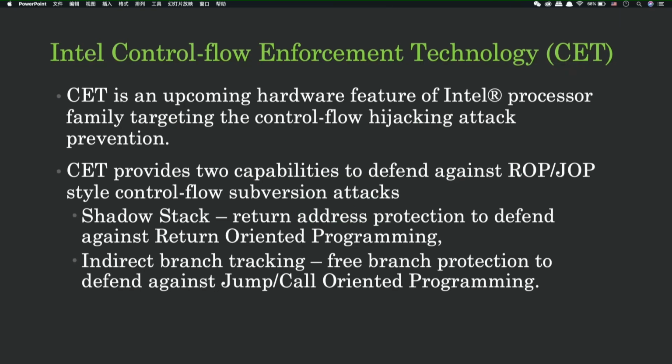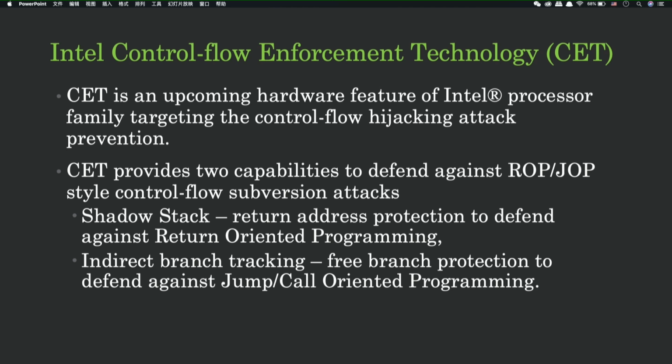Intel implemented this, so it will come out as a hardware feature for the new processor families. The basic idea, as we said, is to prevent control flow hijacking. There are two capabilities, as we already said. First of all, there's front edge control flow hijacking, and there's the back edge.